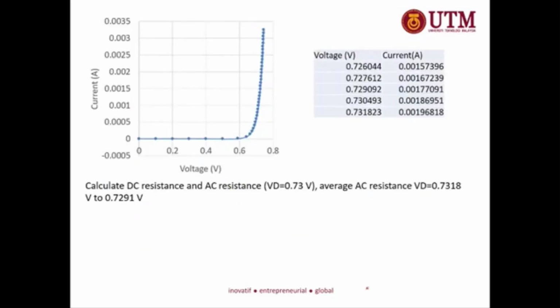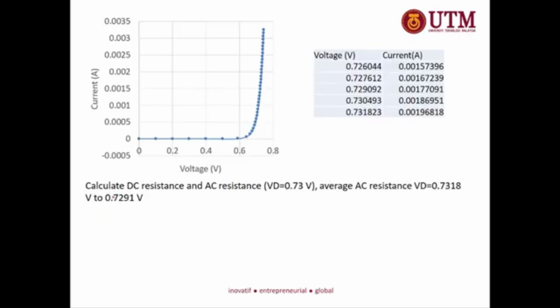Okay, let's solve one example of how you calculate DC and AC resistance as well as average AC resistance. Let's say you are given the current versus voltage characteristic. This is the graph, and this is the value along this line.